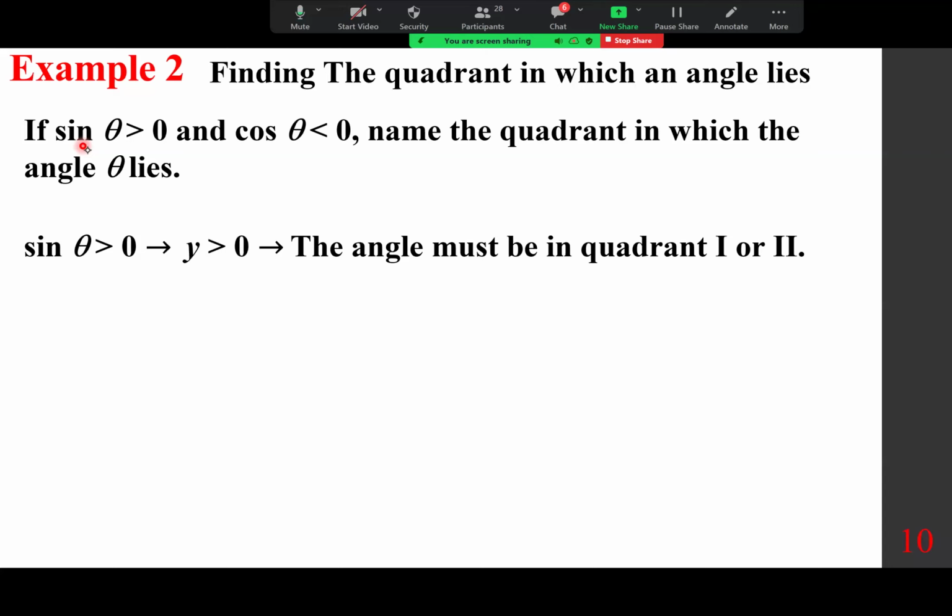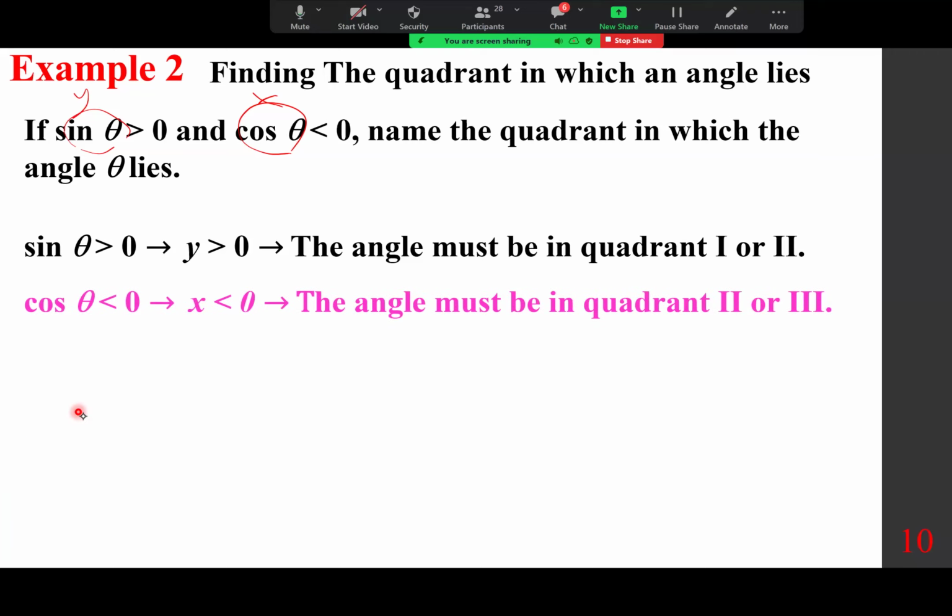What about cosine? Cosine is negative. Cosine is represented by what? X. So if it helps, you can say this is represented by y, this is represented by x, and x is negative in the second and third quadrant.